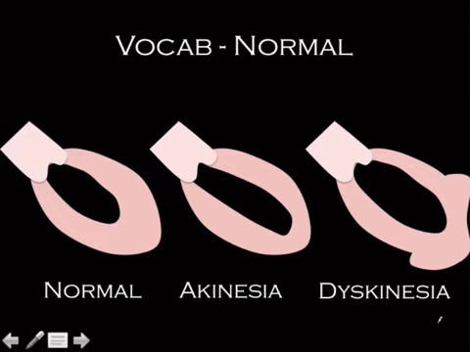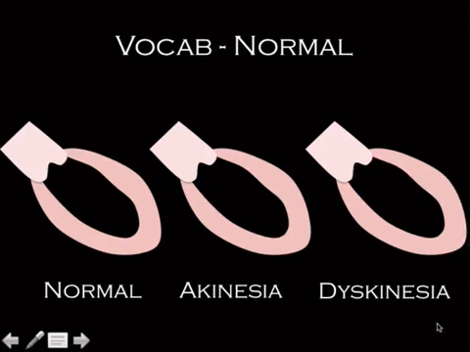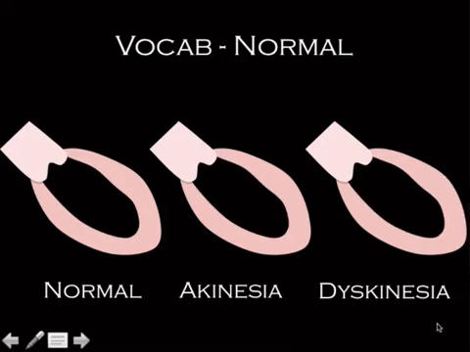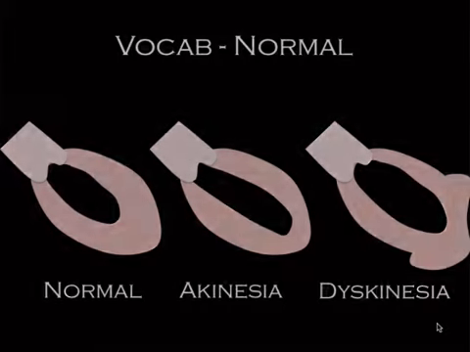Now dyskinesia not only does not contract correctly, it actually bulges in the opposite direction. So it's going backwards. That's dyskinesia. Dyskinesia bulges in the opposite direction. Akinesia doesn't move at all. Hypokinesia moves normally, but less than it should. All right.